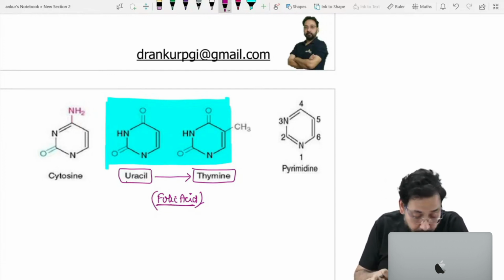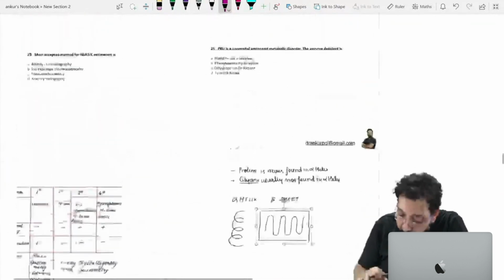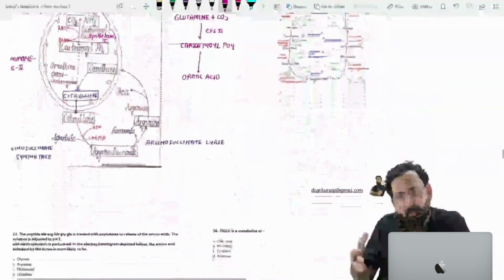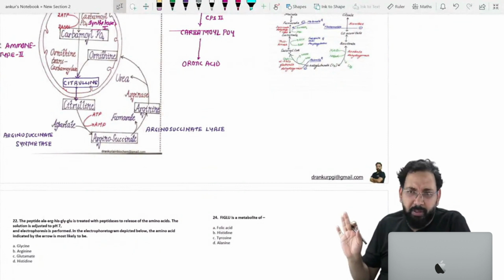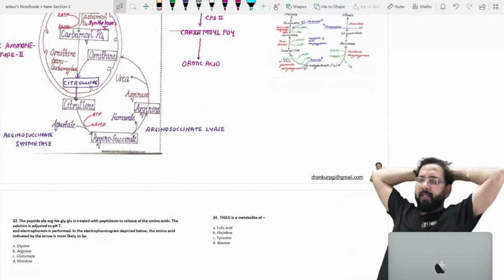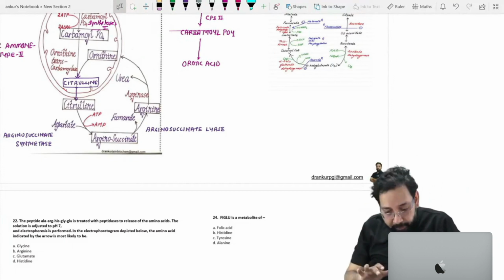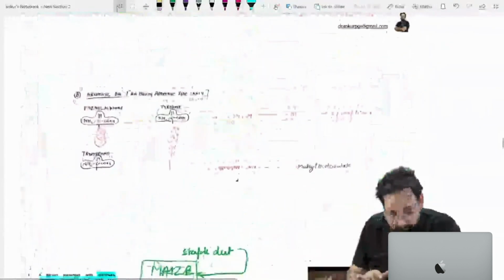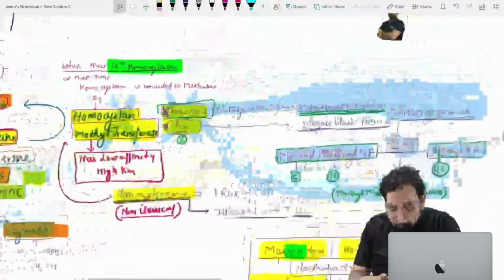So suppose you have 1 molecule of folic acid. Even if you forget, it's okay. Just remember, I have the idea: folic acid is required in some genetic reaction, and folic acid is also required here.